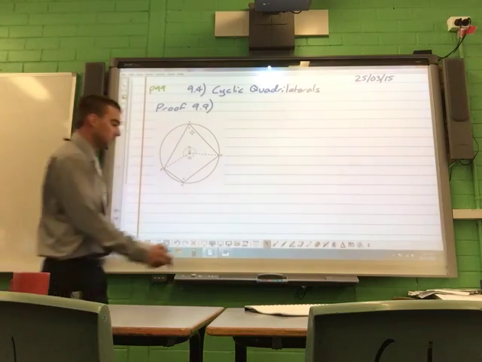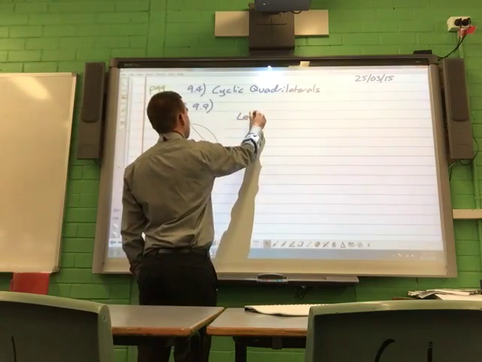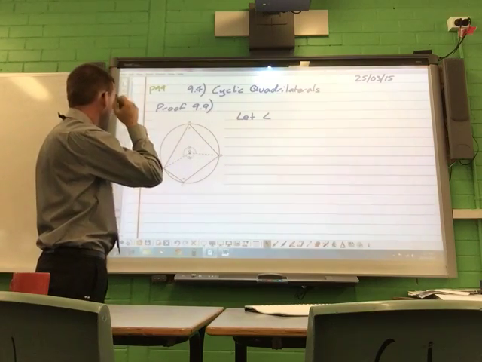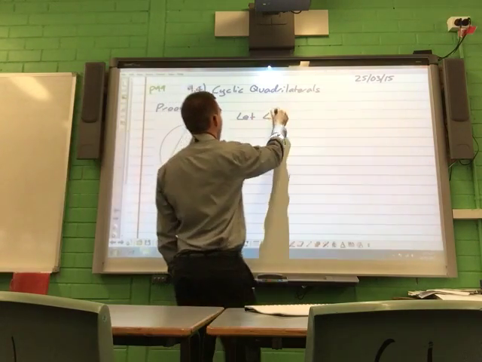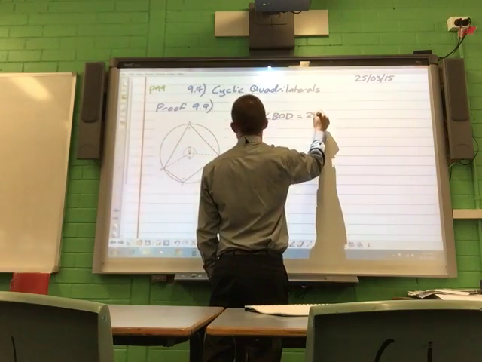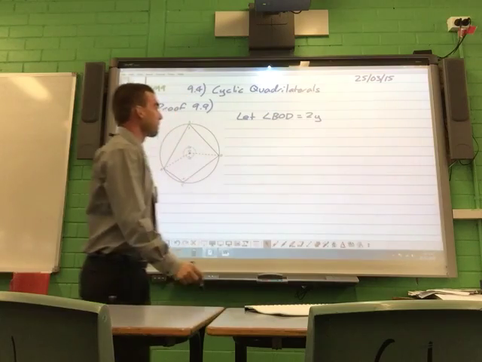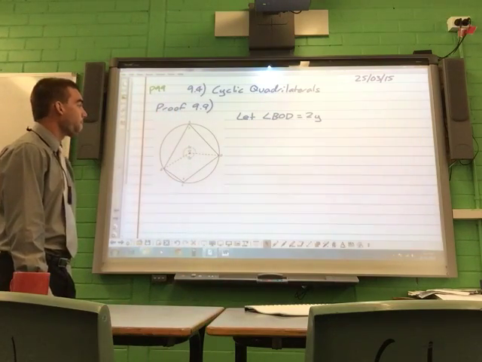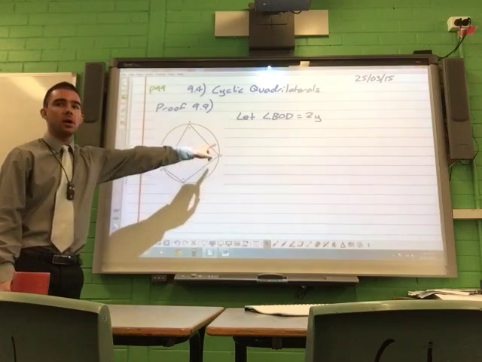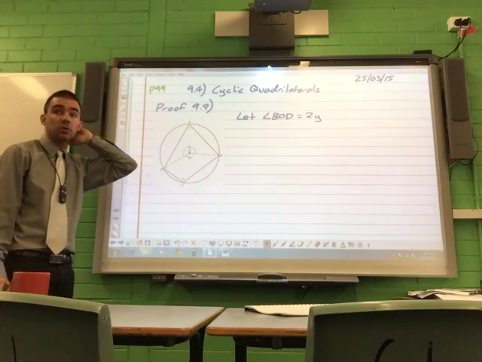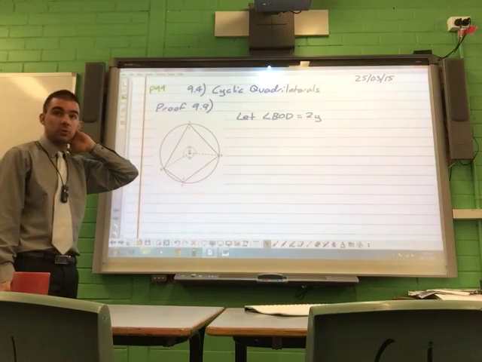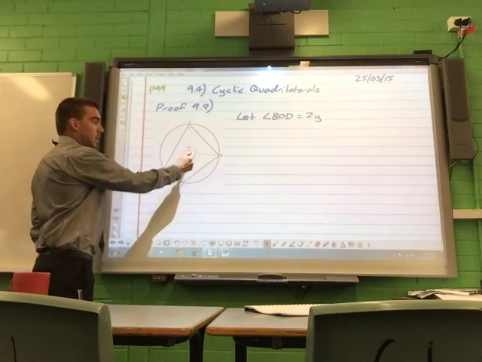Okay, so let's set it up formally. So let angle BOD equal y. Now, this 2x angle is also notated as angle BOD. Whenever you notate an angle, you're always referencing the obtuse angle, the one that's less than 180 degrees.